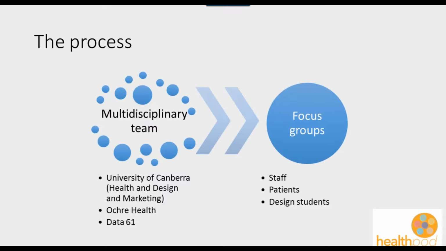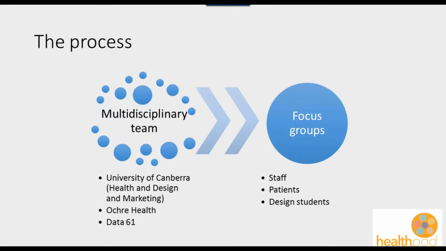So I guess two things. We had a bit of a collaborative team when we started to think about this. When you look at the team, it was not only health people, but it was IT people from Data 61, design and marketing people as well from the University of Canberra.